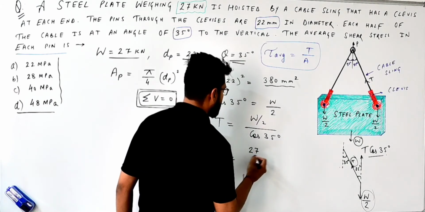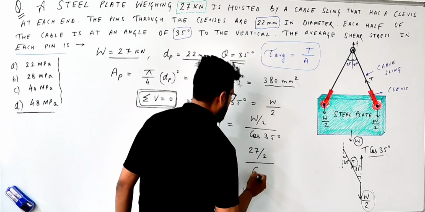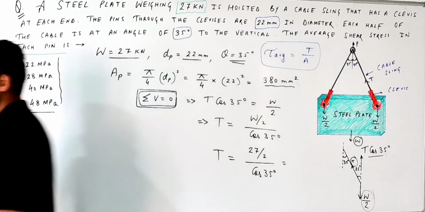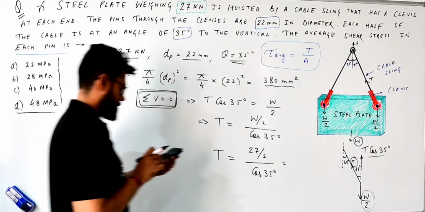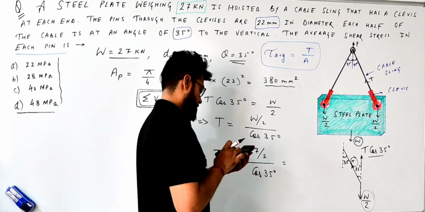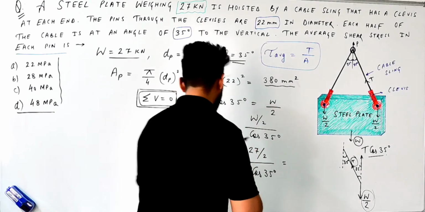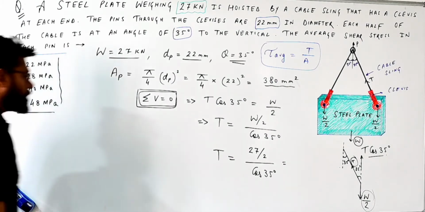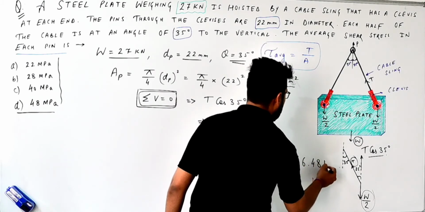This is 27 divided by 2 cos 35 degree. So tension is 16.48 kilonewton.